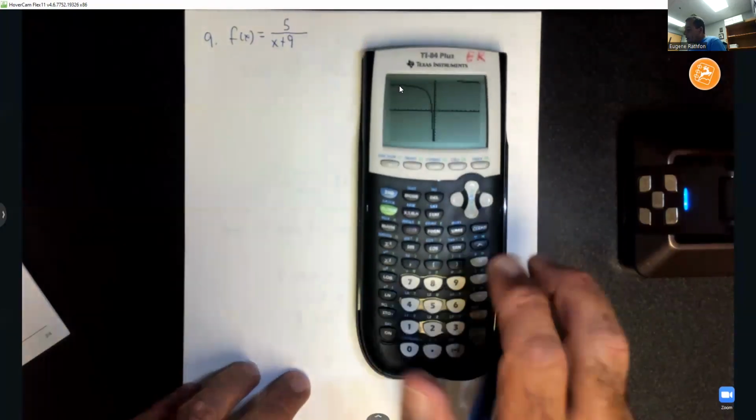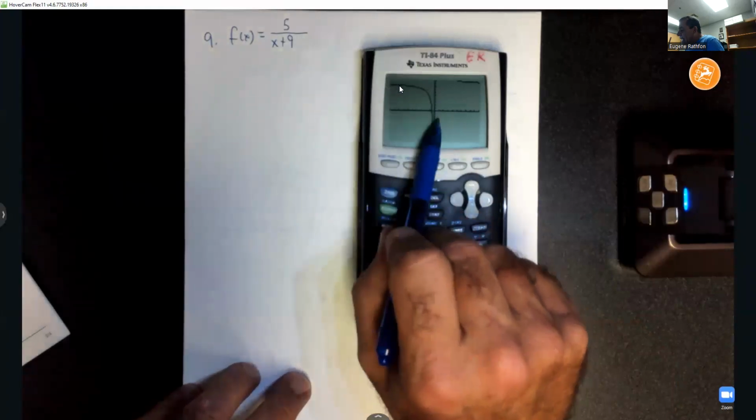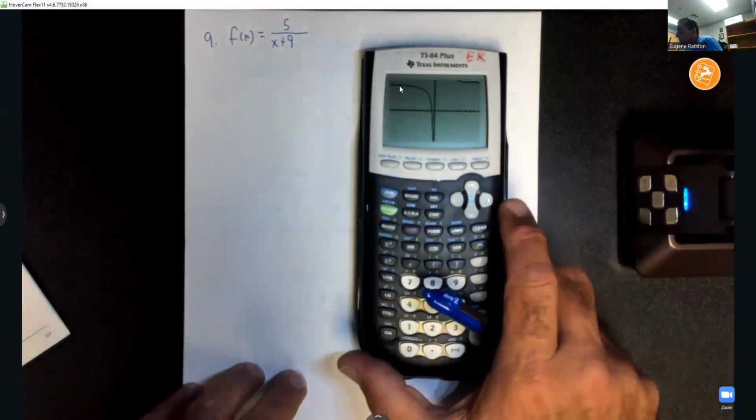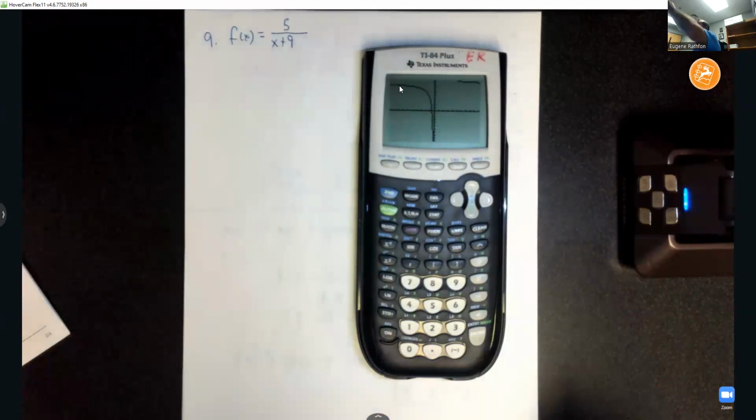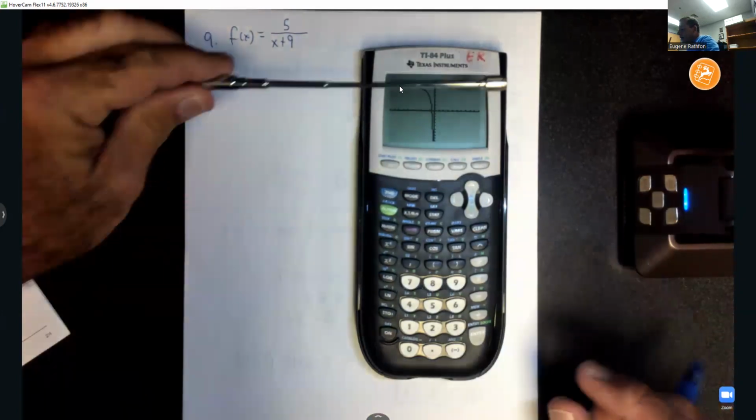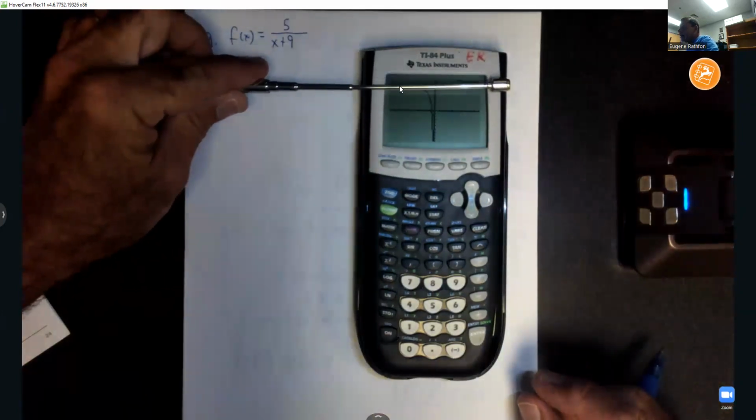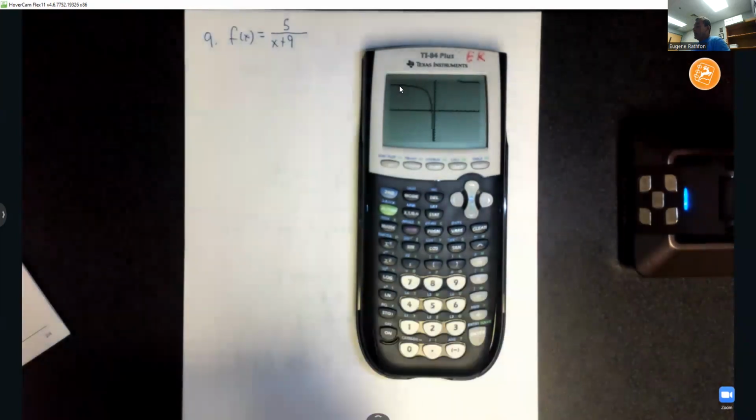So you notice it's a declining line that comes down. So it looks like if we run that horizontal line, it's still going to pass. So it is definitely a yes.